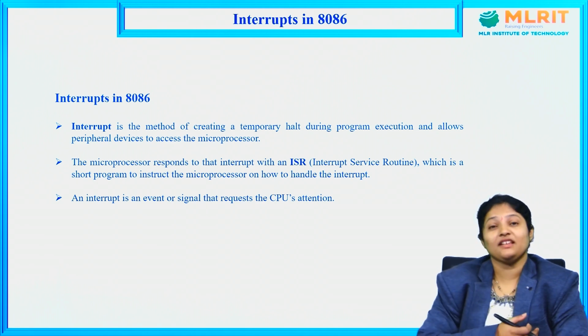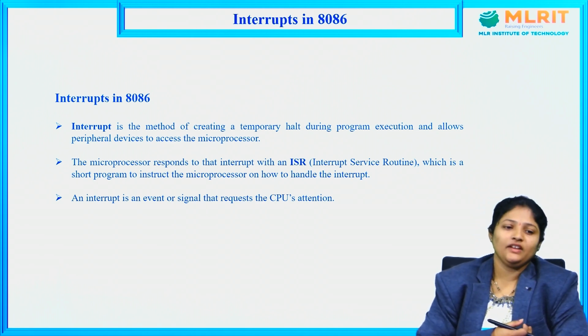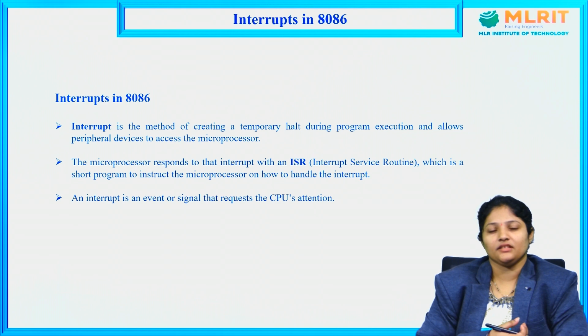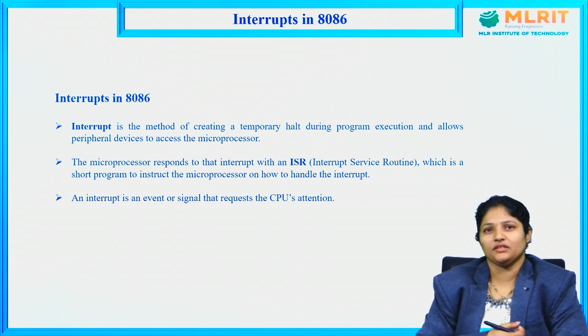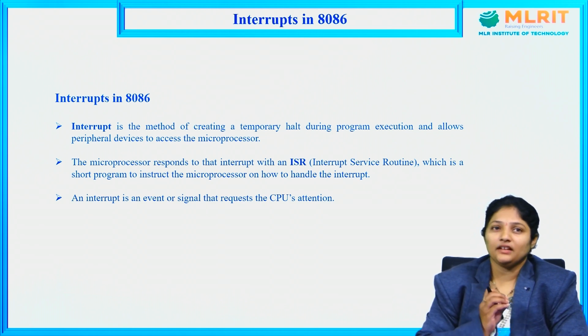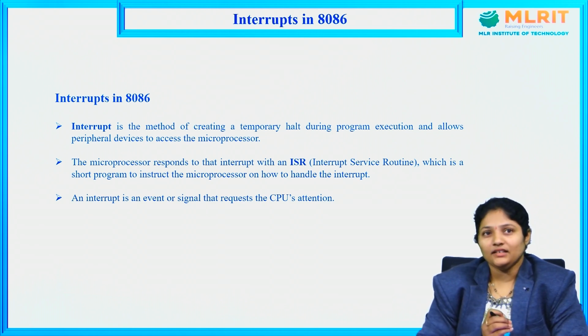One of the best examples is if we are taking prints from the printer, we give 100 pages to print, but we kept only 50 A4 sheets. After 50 pages, the printer throws an exception or an interrupt that it is out of pages. That is an interrupt.